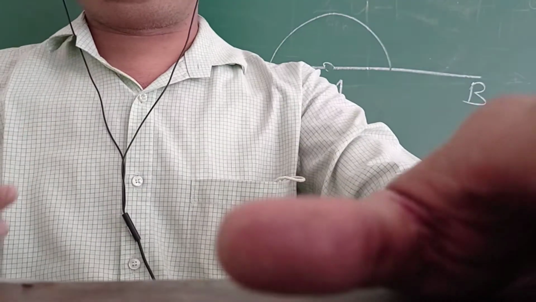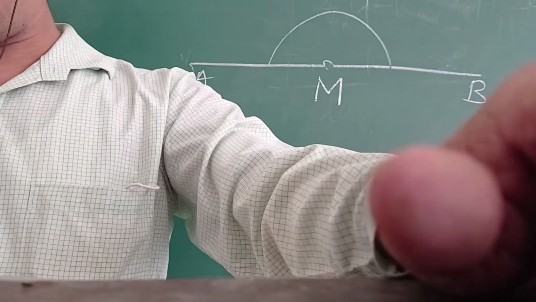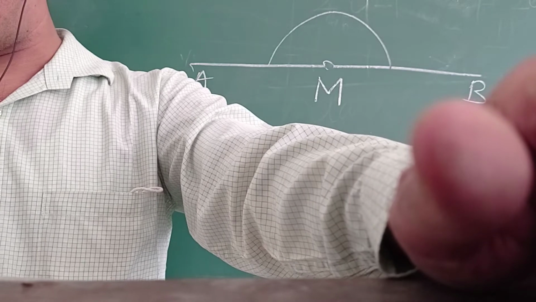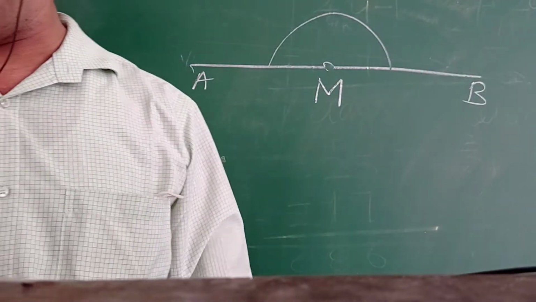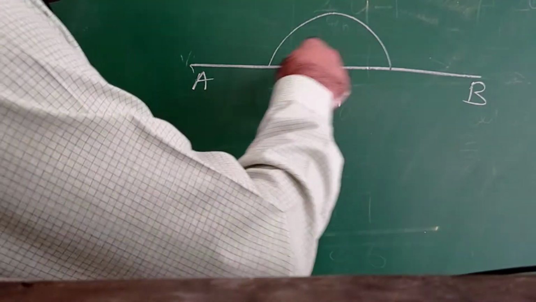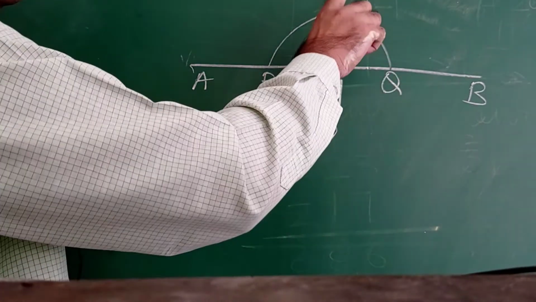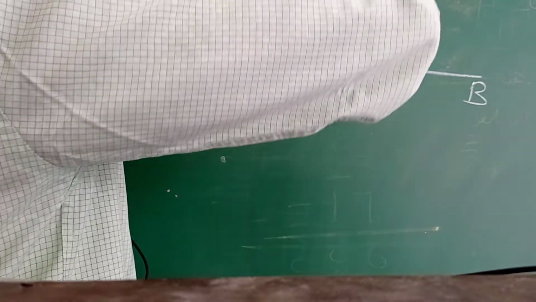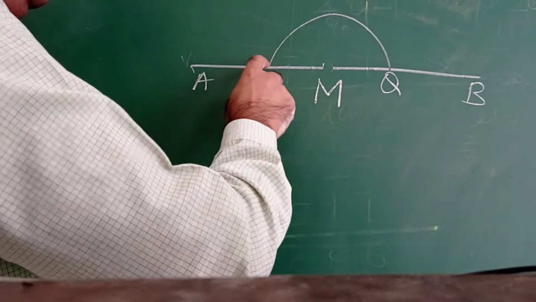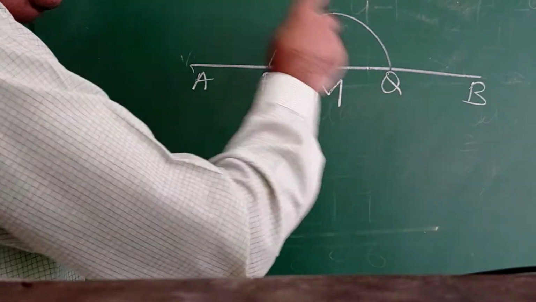Take M as center and a convenient radius. Construct an arc intersecting AB. It will intersect AB at P and Q. Take M as center and mark an arc which will intersect AB at P and Q respectively.